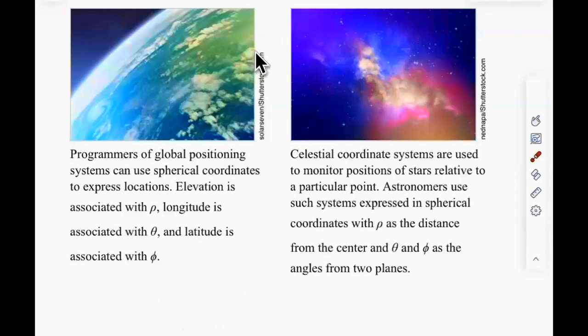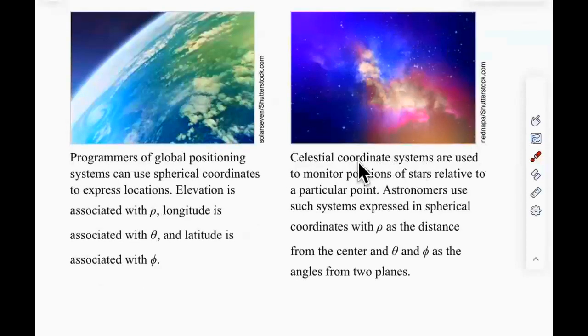Programmers of Global Positioning System, GPS, can use spherical coordinates to express locations. Elevation is associated with rho, longitude is associated with theta, and latitude is associated with phi.